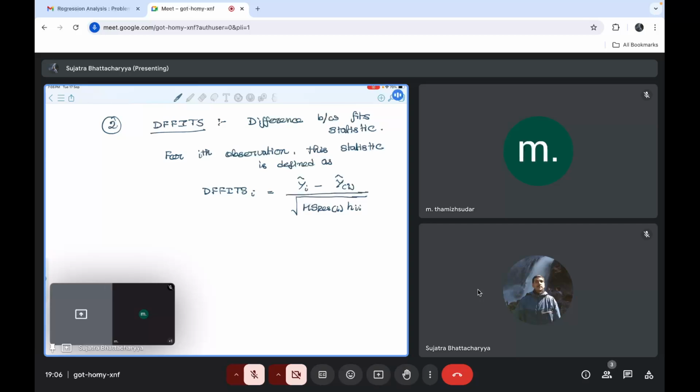As you know, this y hat bracketed i means the fitted response of yi obtained without use of the ith observation.